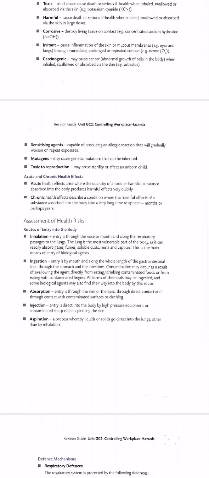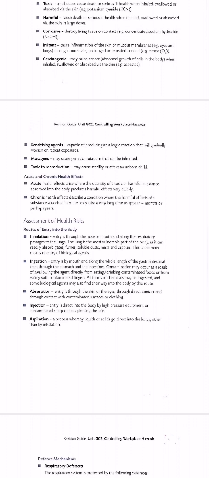Ingestion simply means that it can enter the body by the mouth along the whole length of the gastrointestinal tract, through the stomach and also the intestine. This contamination may occur as a result of swallowing agents directly from eating or drinking contaminated food, or from eating with a contaminated finger.